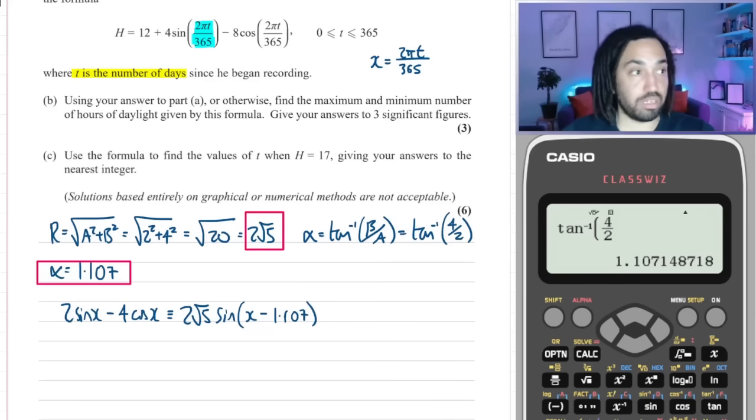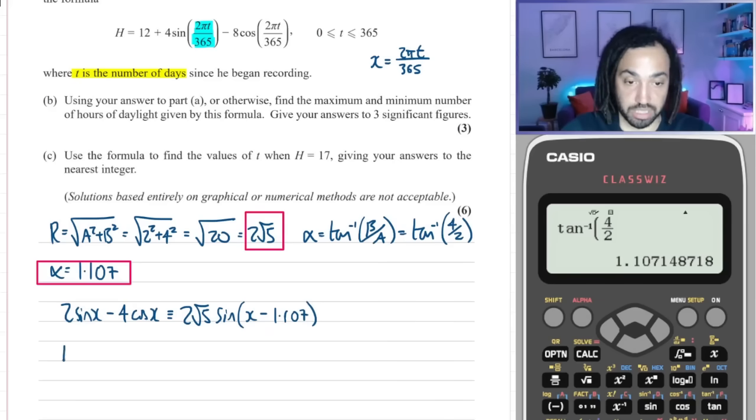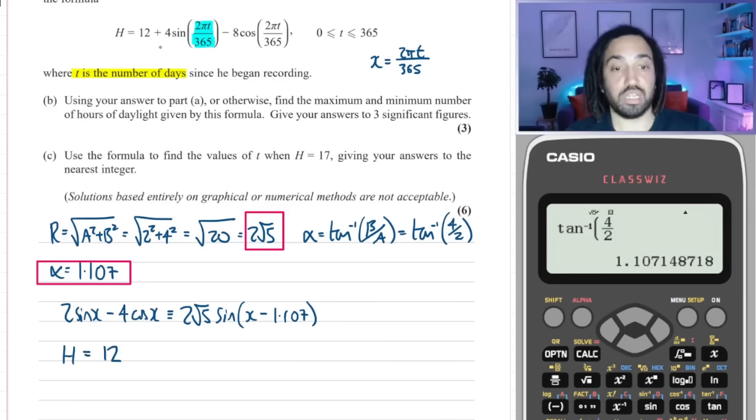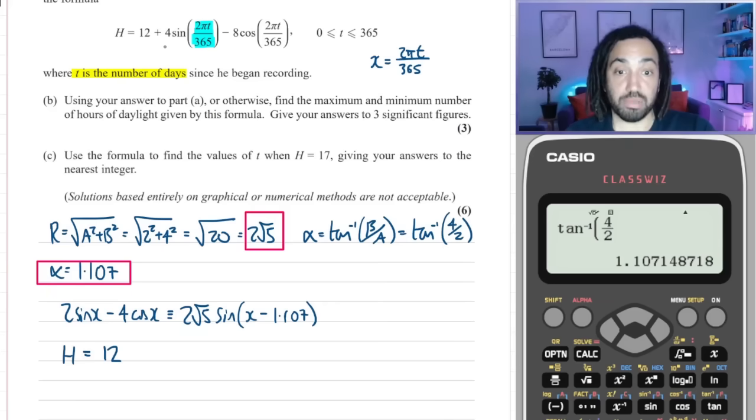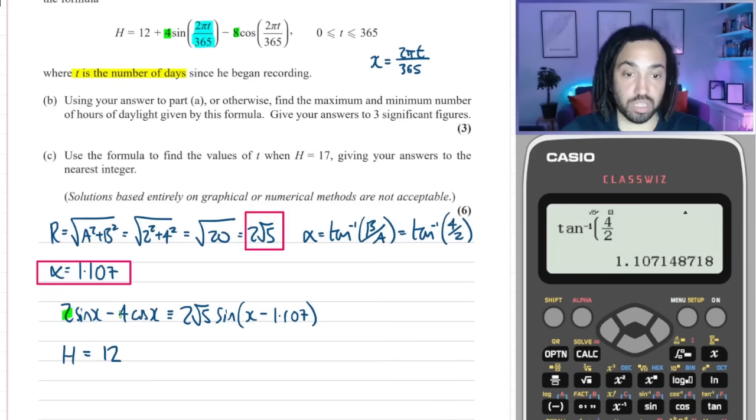Okay, now let's convert h using this information. So h is equal to 12, so that's just going to stay the same, that's constant. But here you can see that the coefficients of the sine and cos are 2 times bigger.